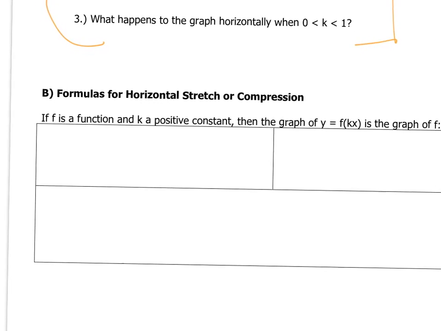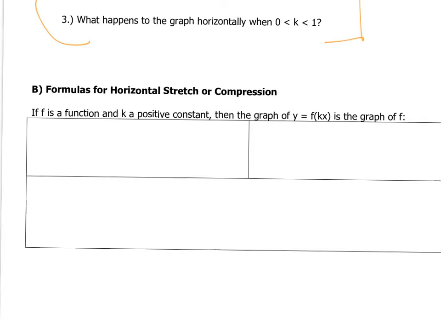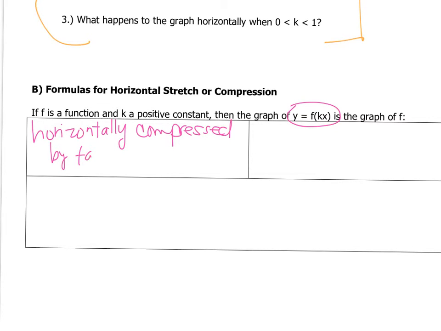So here, if f is the function and k is a positive constant, then the graph of y equals f of kx is a transformation horizontally compressed by a factor of 1 over k if k is greater than 1.